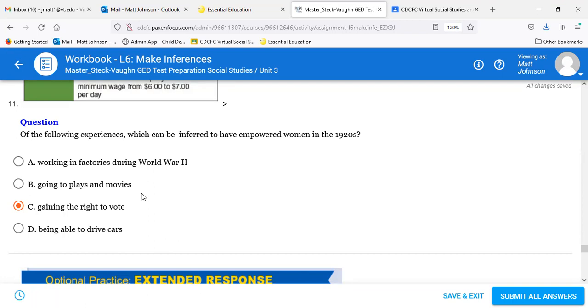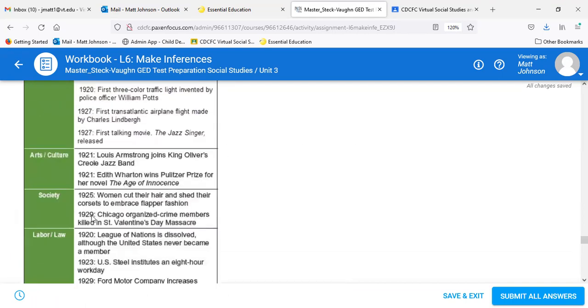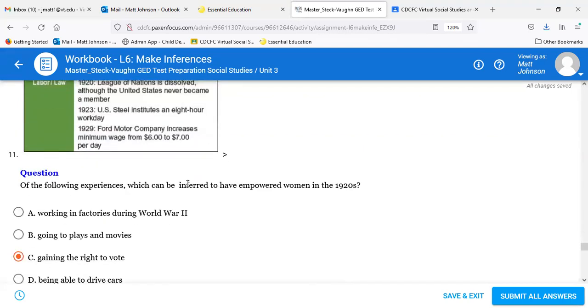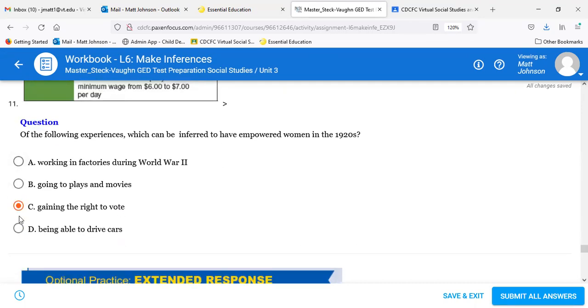Going to plays and movies, it doesn't say that in our text, but we can infer that women, as it says here, cut their hair and shed their corsets to embrace flapper fashion. This sort of liberating movement for women is right on the heels of that, and so that's what that's about. C as in cat. All right.